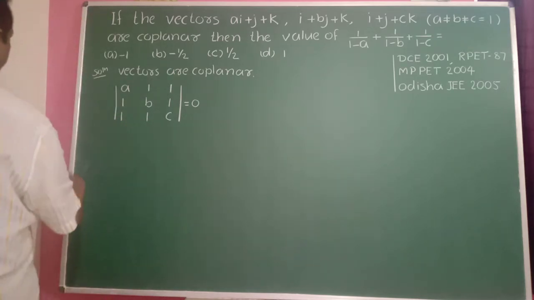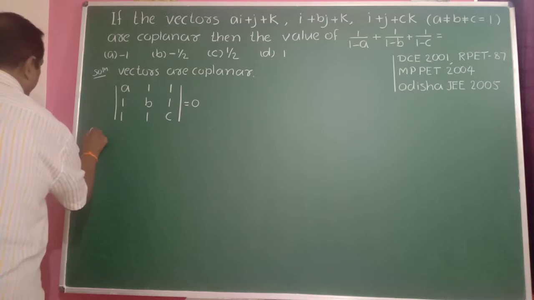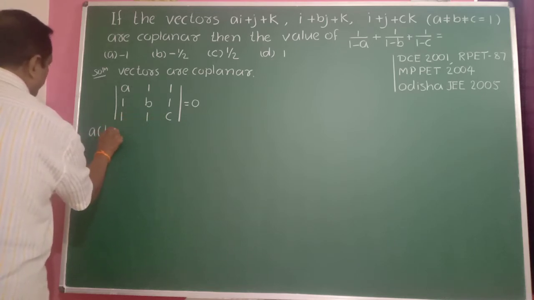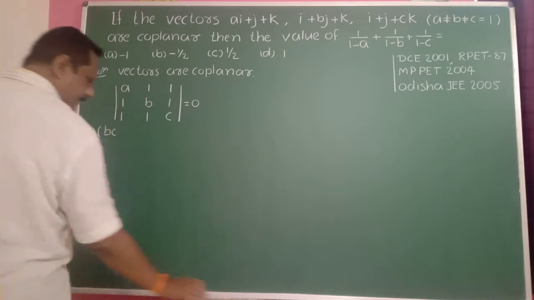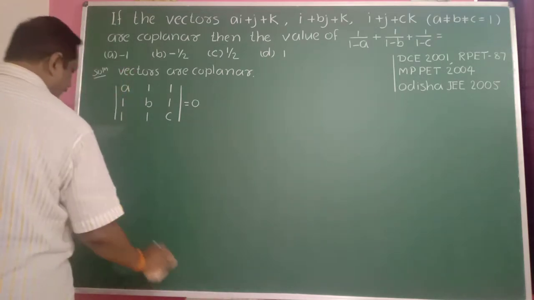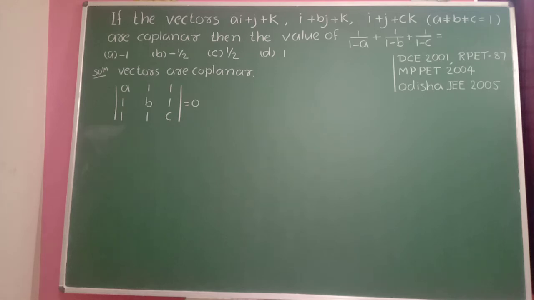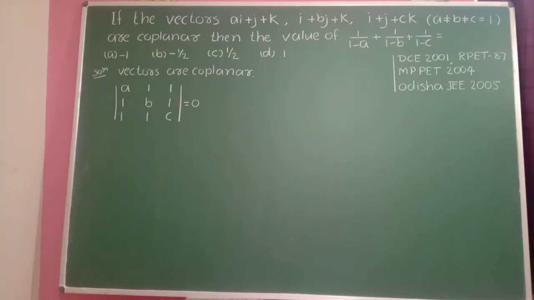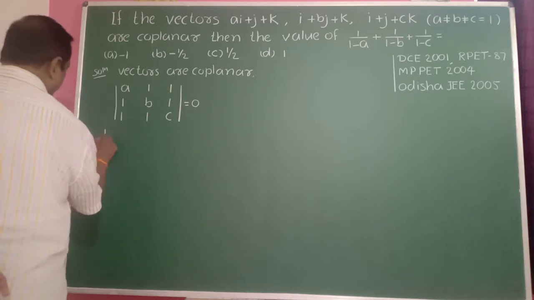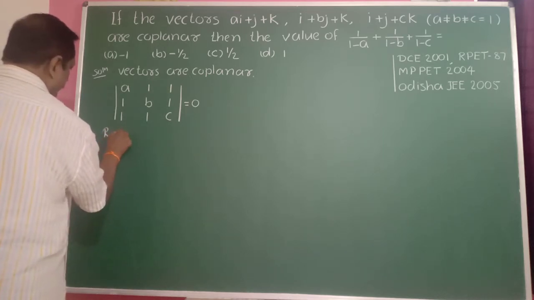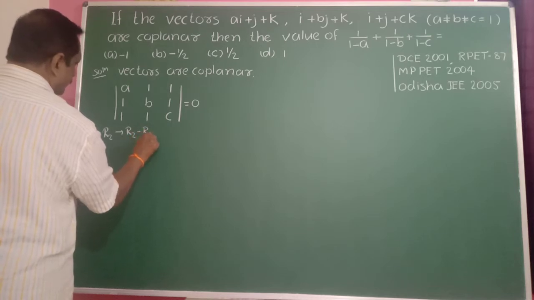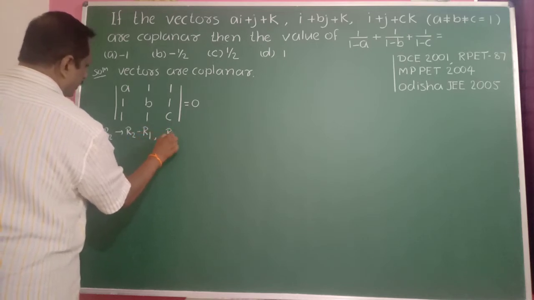Expand this determinant: A into B into C becomes ABC minus, otherwise simplify by making the terms 0. Yes, R2 gives R2 minus R1, and R3 gives R3 minus R1.